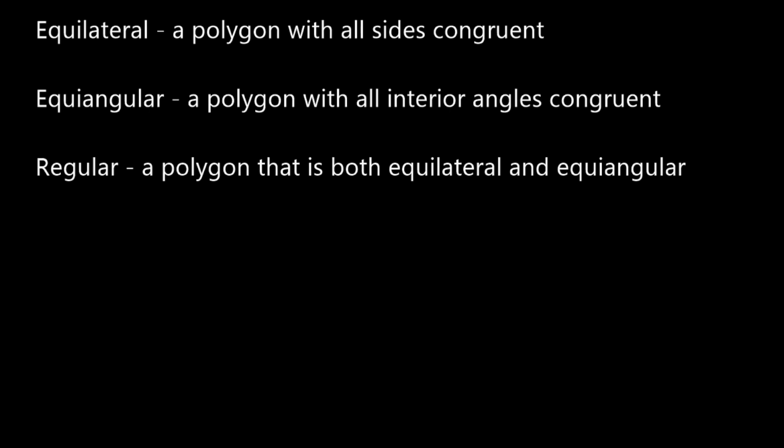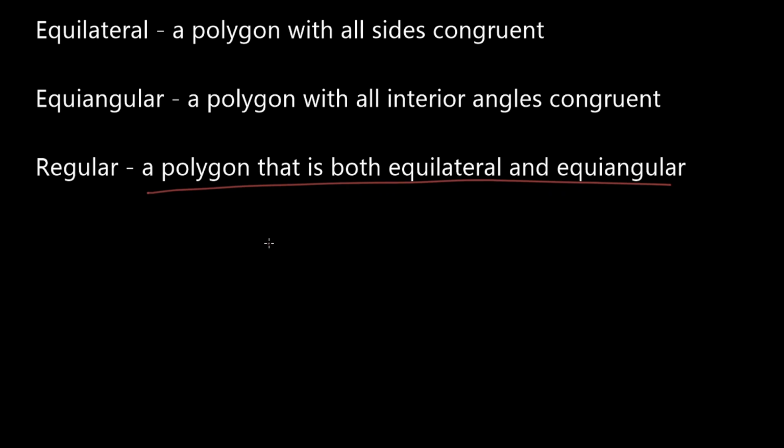Another way is by talking about the measures of their sides and their angles. So equilateral is just a polygon that has all sides congruent, and then equiangular polygons are polygons with all interior angles congruent. And then a regular polygon would be a polygon that is both equilateral and equiangular.